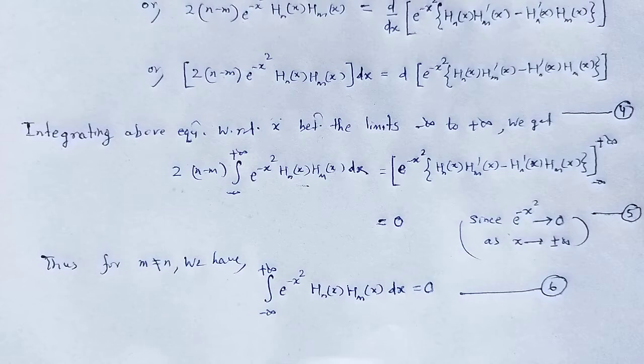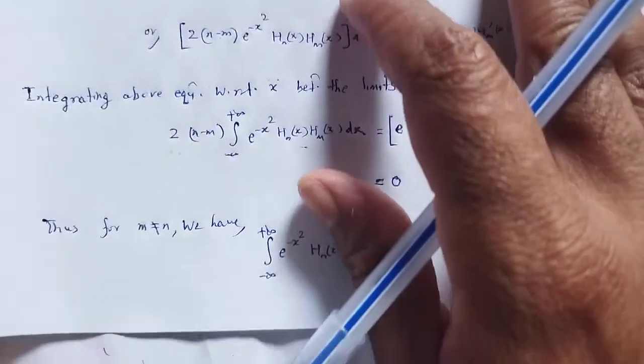Then what should be the value when m is equal to n? To find this, we proceed like this.